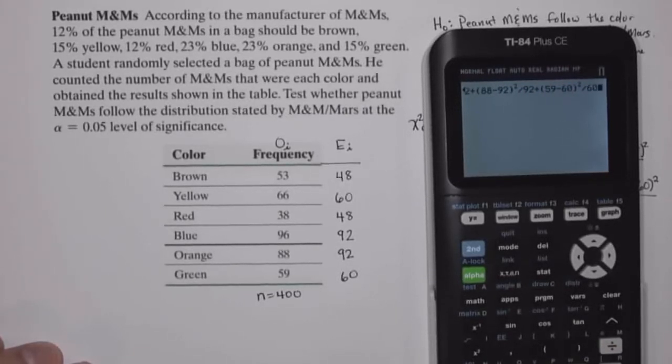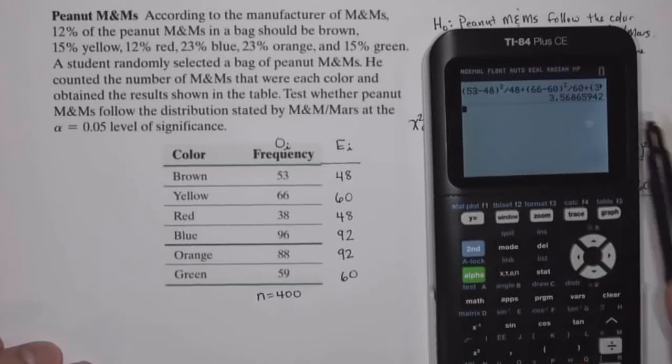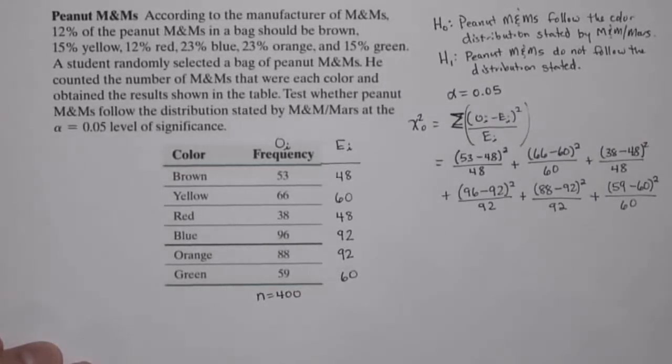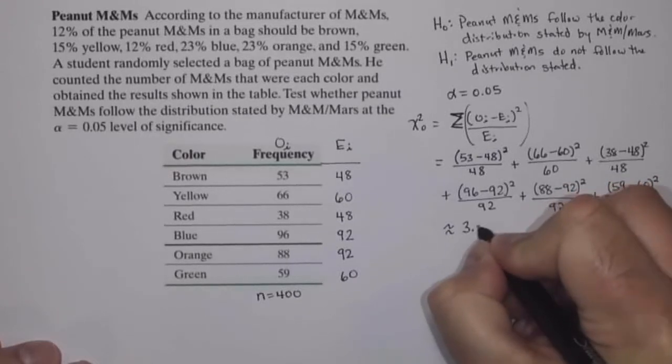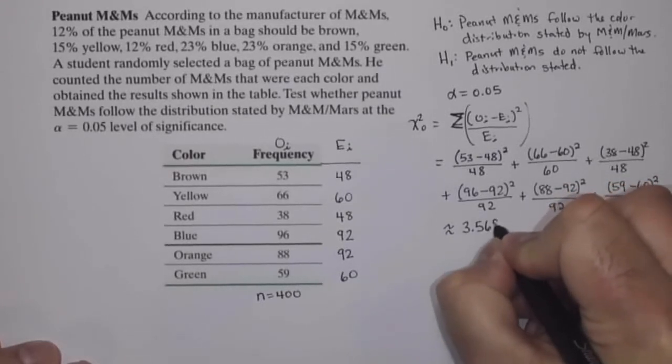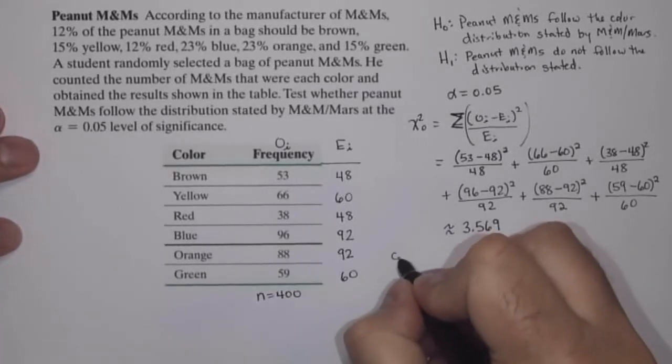So again, in each case, it was observed minus expected squared divided by expected. We add all of that up, and so I get a chi-square value of 3.569 if I round to 3 places. So this is approximately 3.569.